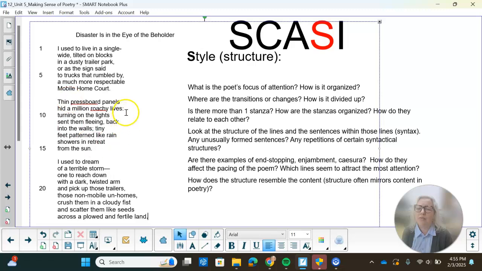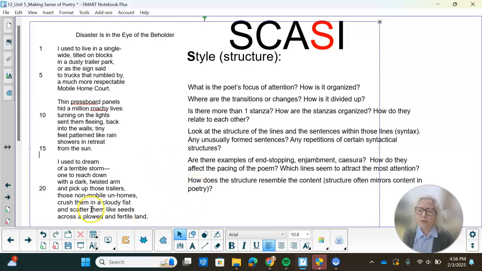Early on, the odd lines, the short lines, these strangely punctuated lines give us kind of an irregular feeling, an uncomfortable feeling, a feeling that the speaker is unsure or not enjoying thinking back to this trailer park. But by the end, we have more regularly formatted lines, maybe giving a sense of regularity, closure, something like that.